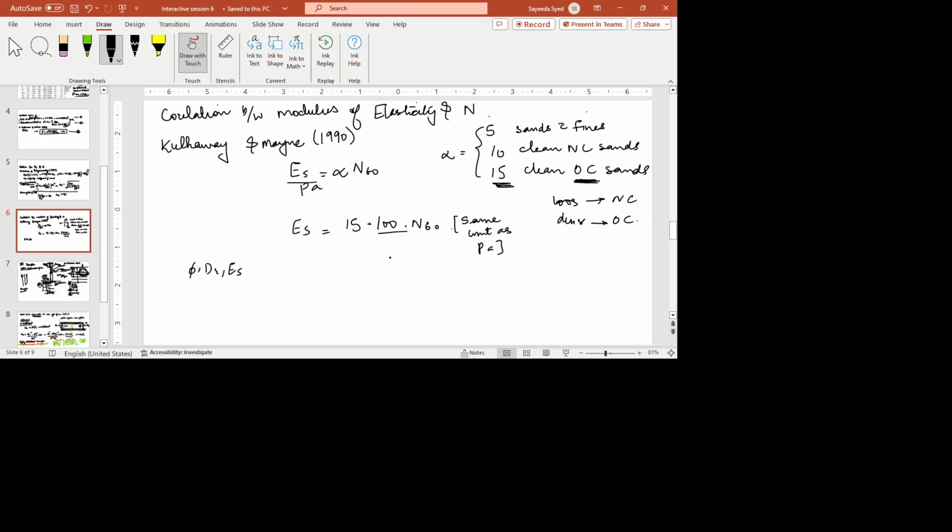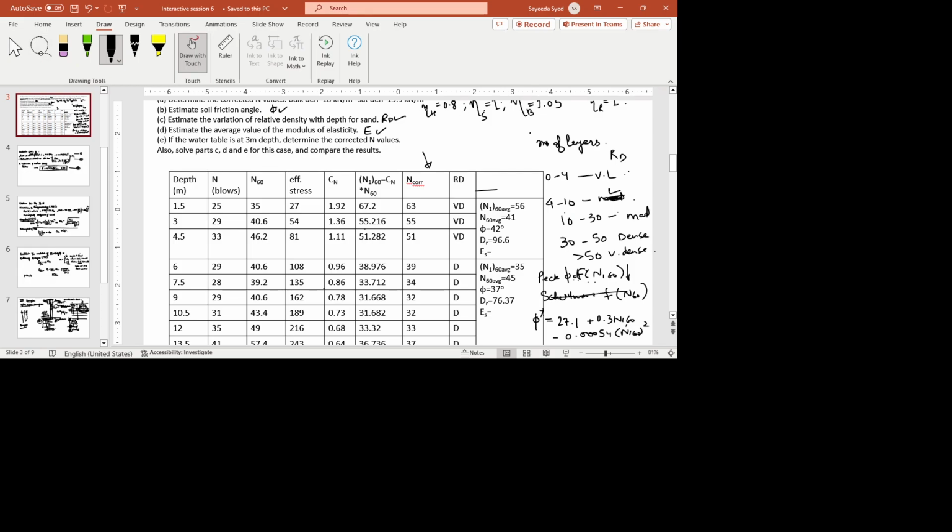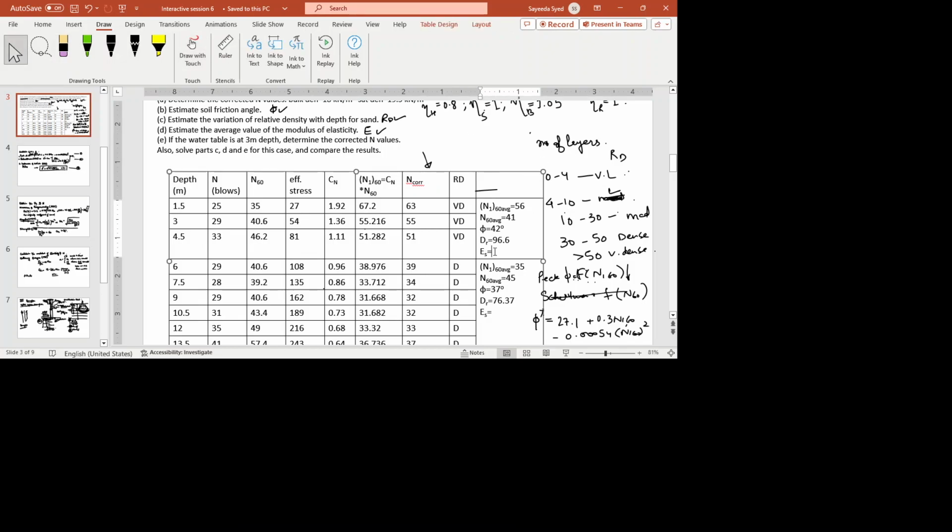Since we are taking 100 kPa, our Es will also be in kPa. Let's calculate here. 1500 into N60, 41. So we get an Es value of 61500, and here we get an Es value of 67500.